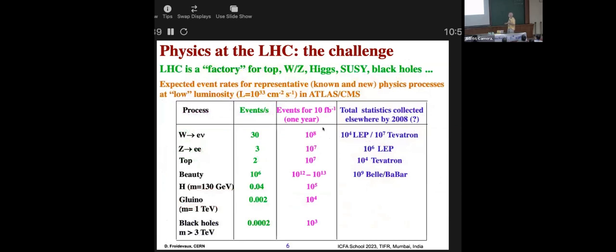So for LHC, we talk a lot about Higgs factories today for the future. Actually, the particle physics community has tried to sell machines to be built to the funding agencies for more than 30 years, calling them Higgs factories each time. So it's easy to call a machine a factory. It can produce many events, for example, but you can only see a small fraction. This is typical of a hadron collider. In a hadron collider, we produce, for a Higgs mass of 130 GeV, 0.04 events per second, so 100,000 events in 1 year.